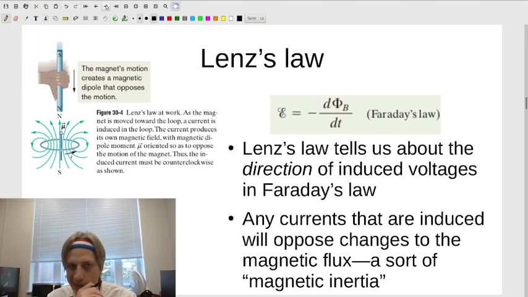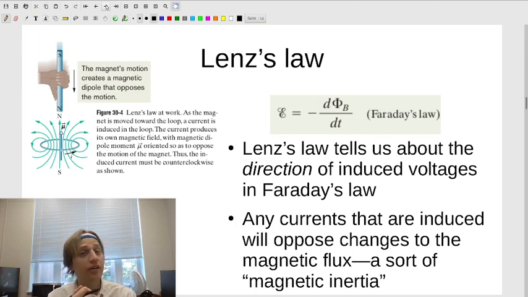Okay, now you'll hopefully remember from Friday that Lenz's law tells us about the direction of induced voltages, and sort of the anthropomorphic way of putting this is that currents don't like change, right?